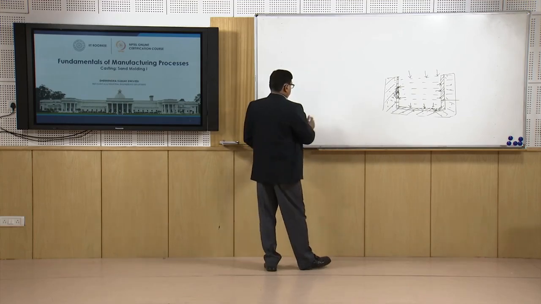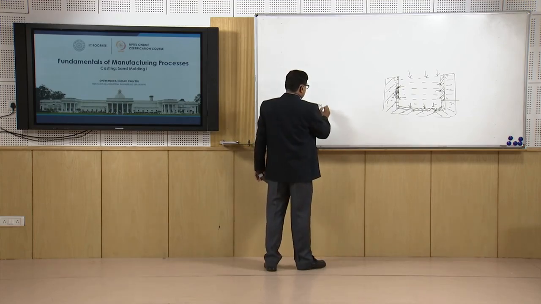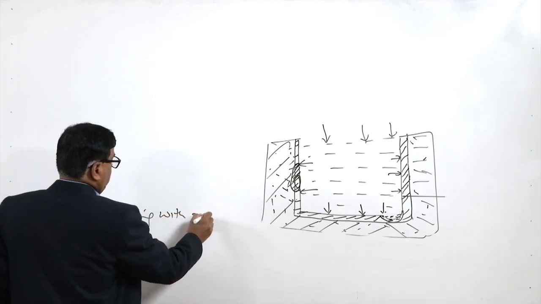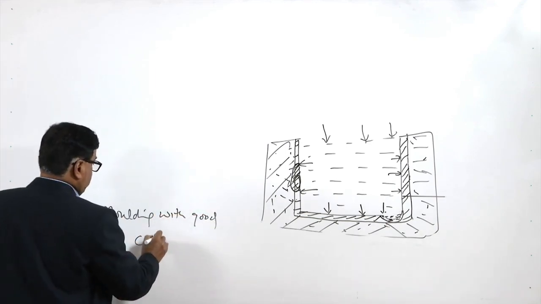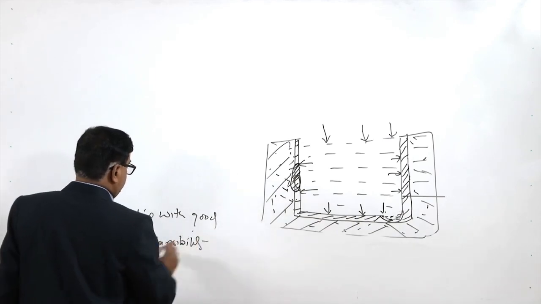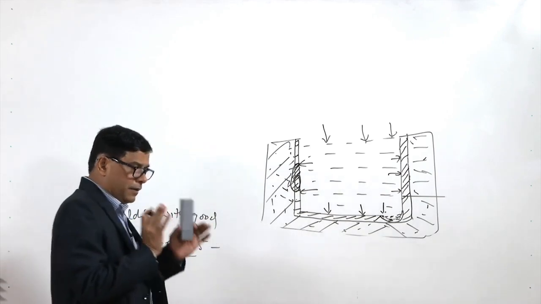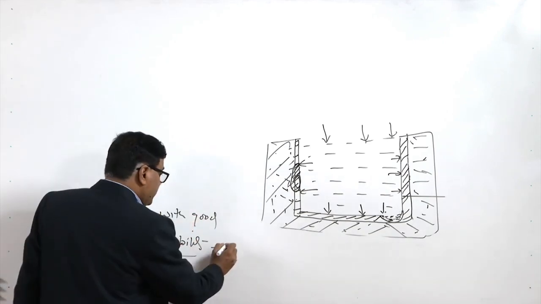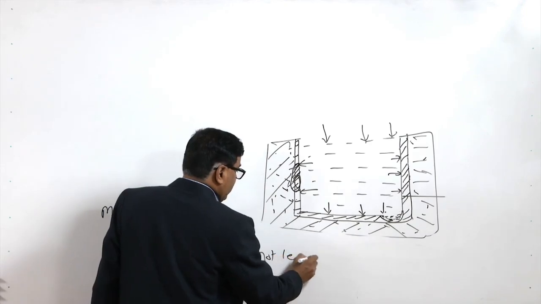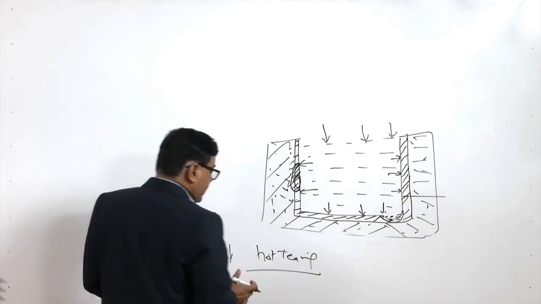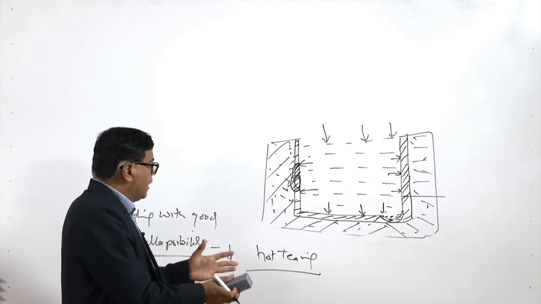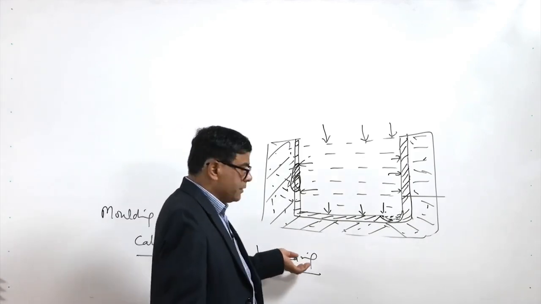So, the molding sand with good collapsibility reduces the chances of hot tearing, because during the contraction of the casting the mold will collapse.